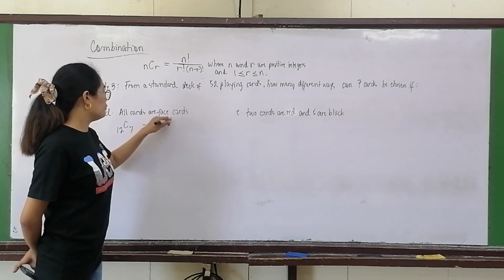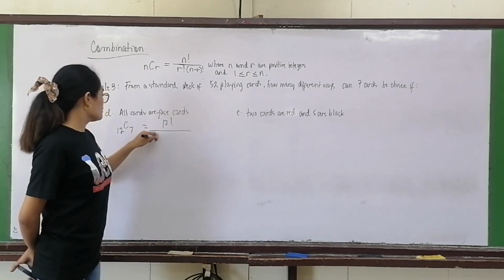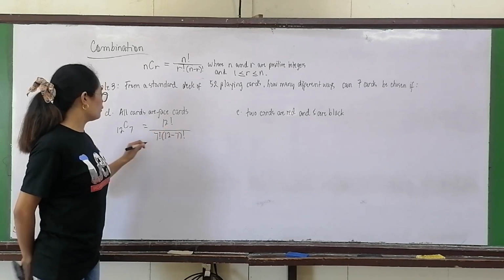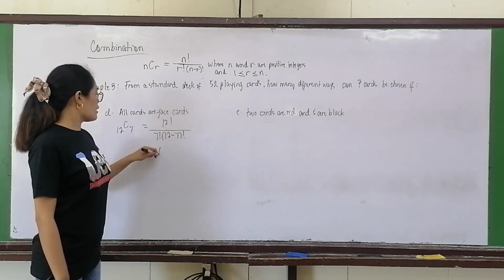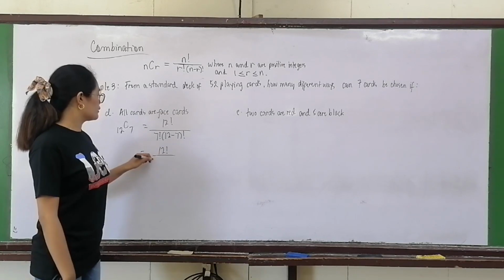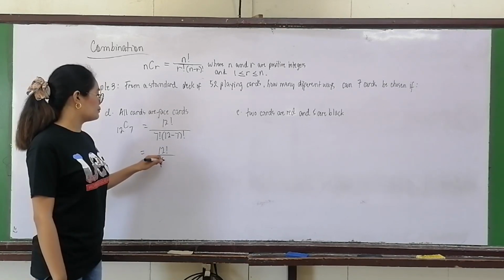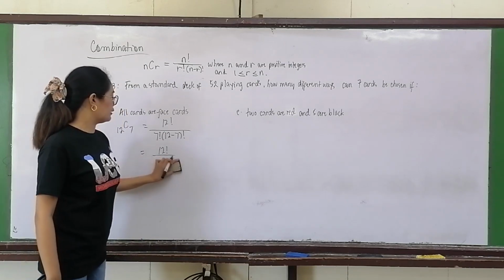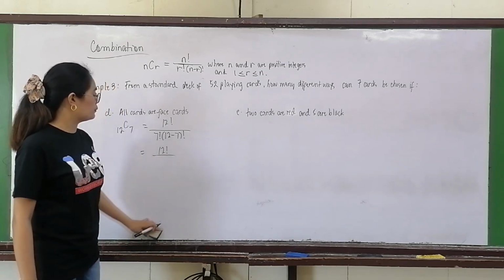Since we are only to choose 7 face cards out of the 12 face cards, we have 12 factorial over 7 factorial times 12 minus 7 factorial. And that's 12 factorial over 7 factorial times 5 factorial. We do not have to enclose it with parentheses anymore.